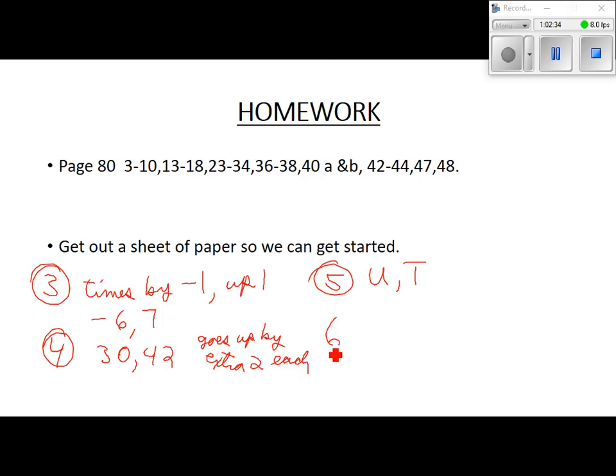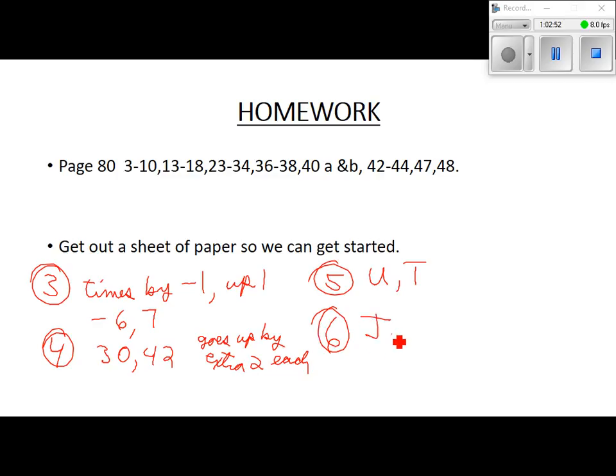Number 6, a little tougher on this. J F M A M. Anybody have any idea on that? I don't have any idea on this one, really, but think it through. What do you think it might be?